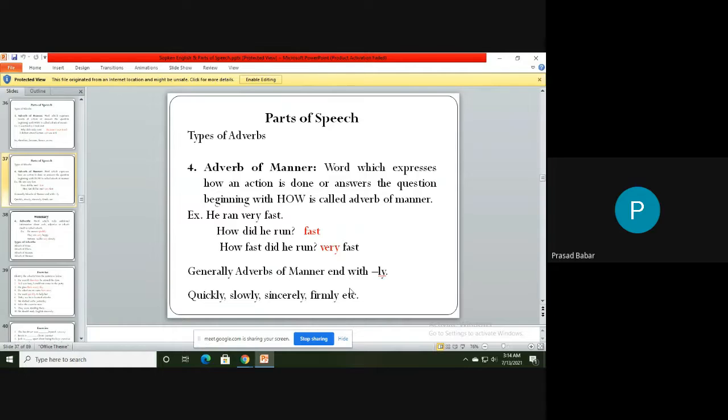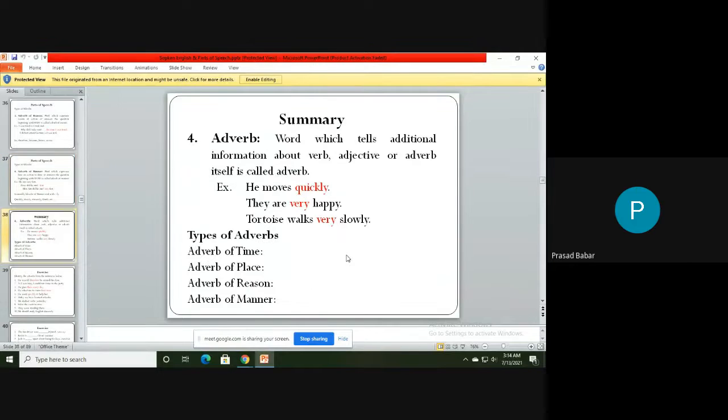So what are the examples? Quickly, slowly, sincerely, firmly, sharply. So these are adverbs of manner. If we identify in what sense that action happened, that word is called an adverb of manner.